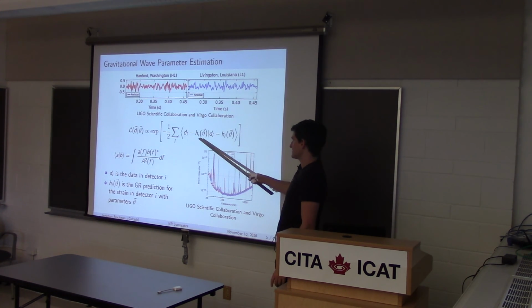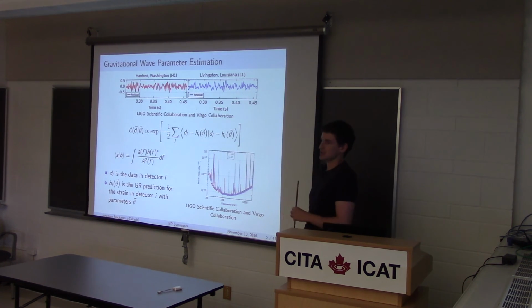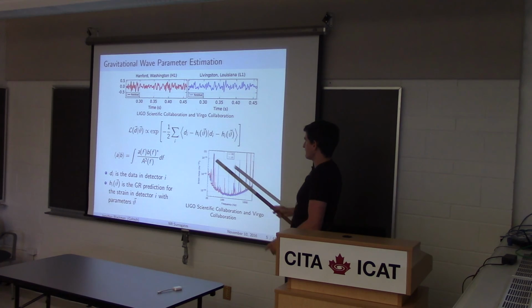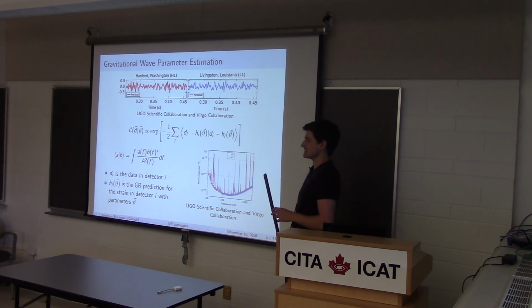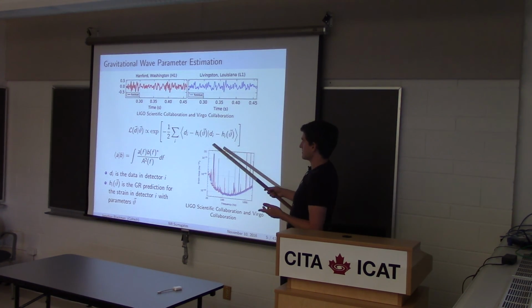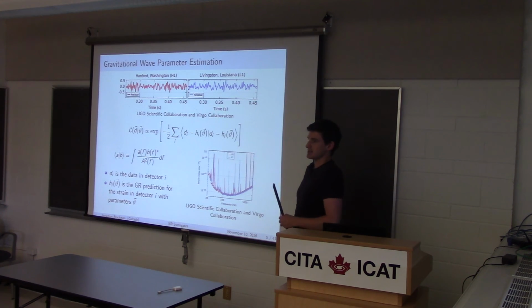So here we form this residual. D_i is the data observed in detector i, and H_i is the prediction of general relativity for the data in detector i, given some parameters theta, where theta includes the masses and spins as well as the extrinsic parameters. And from this, you take an inner product, where this inner product is weighted by your detector sensitivity, and you get a likelihood function.